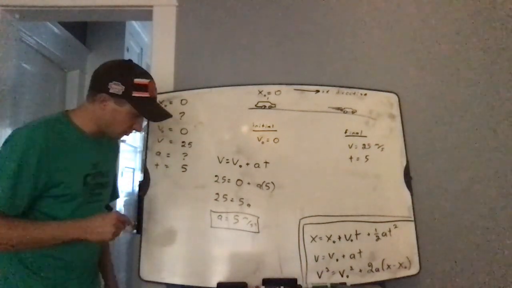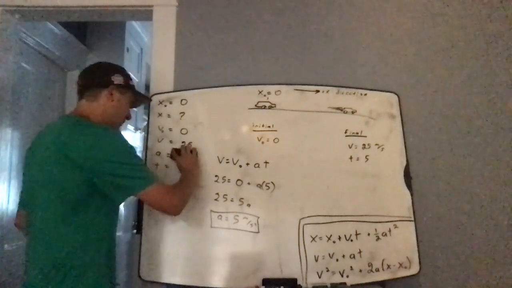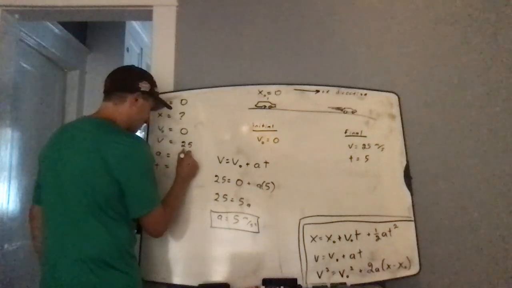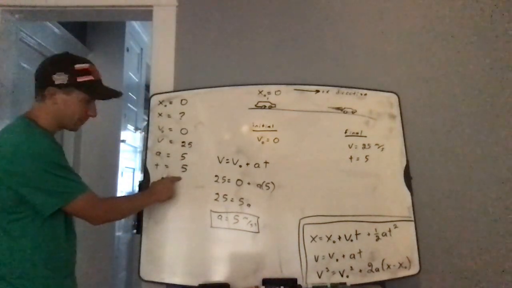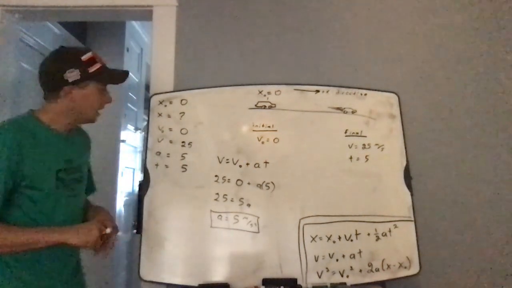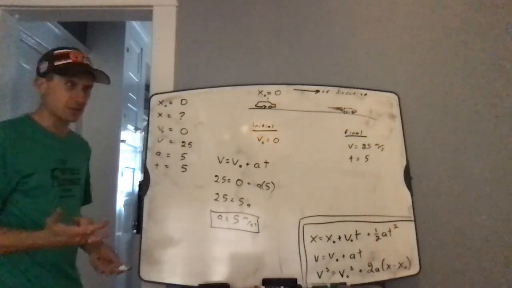The second part of this problem, how far has the car traveled? Well, now we have a new piece of information. So we could say this number is 5. It's just coincidence that the time is 5 seconds and the acceleration is 5 meters per second squared. There's no fundamental reason why these numbers are identical.